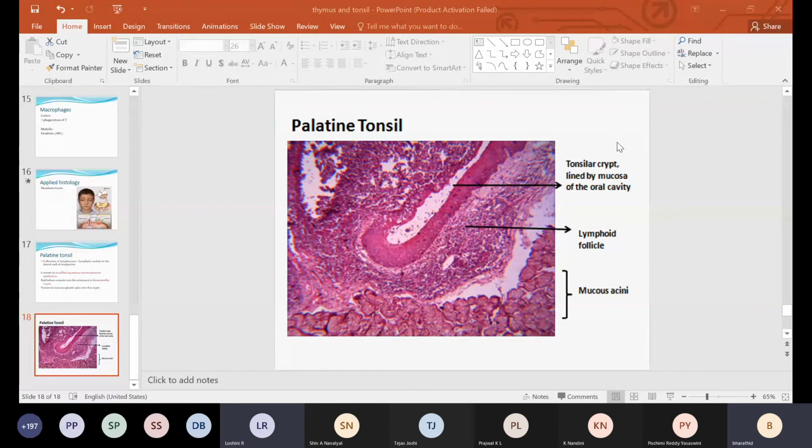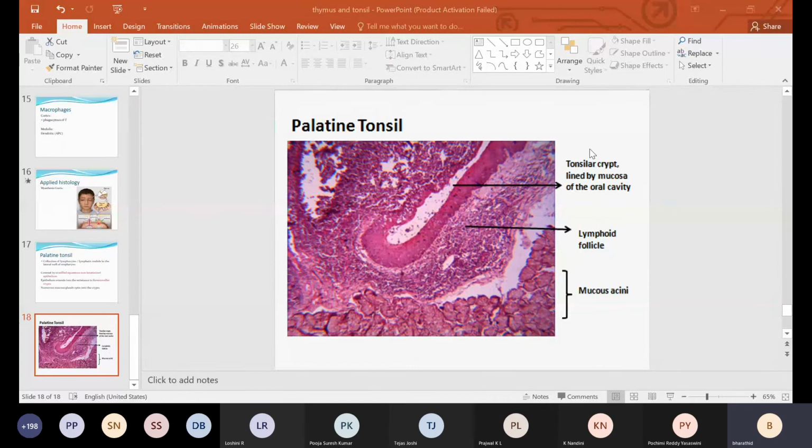Now tell me, is it an incomplete lobule or complete lobule in thymus? Incomplete lobule. Very good. So what is myasthenia gravis? Involving the thymus. Now tell me, what are the two characteristic features of palatine tonsil?